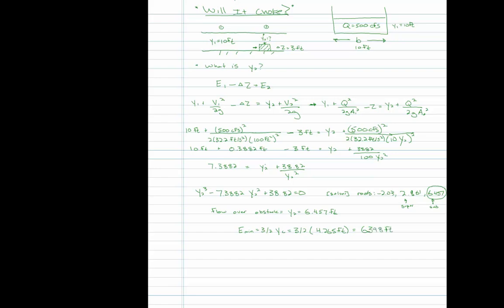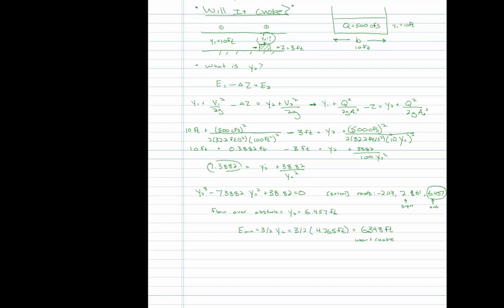So we could have known much earlier that it wasn't going to choke, because what we have found is that the amount of energy that's available is going to be the specific energy at 1, I'm sorry, the specific energy at 1 minus the energy removed by the choke, which is going to be this 7.3882, and so it won't choke. There's enough energy for it to get up over the obstacle without pooling.